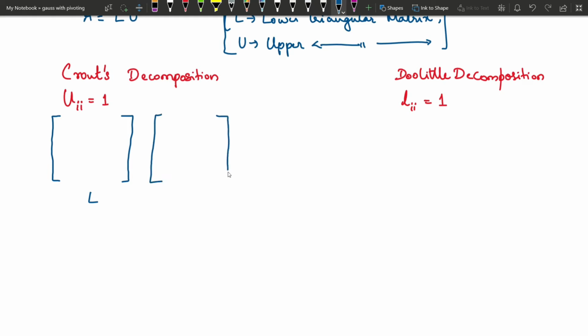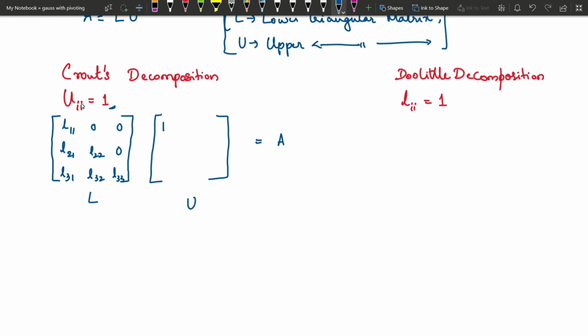Now I have to write A as a product of L and U. This is matrix L and this is matrix U, which is going to be equal to A. Now we know lower triangular matrix, in this upper triangular elements are going to be 0, right? L21, L22, 0, L31, L32, L33. This is lower triangular matrix, means we have upper triangular elements 0. Next we have upper triangular matrix.